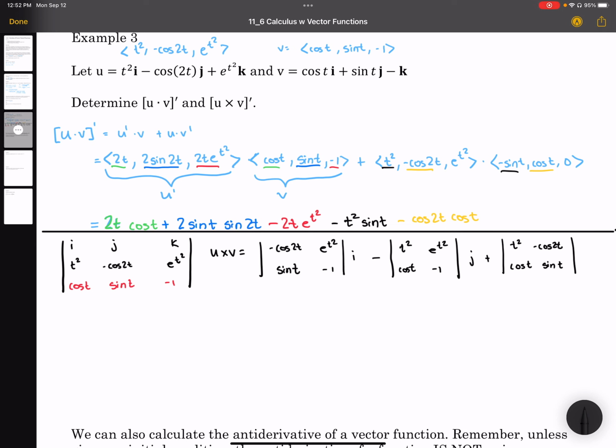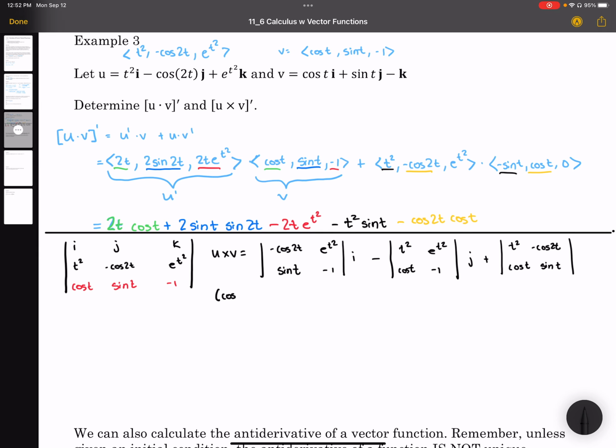So if we multiply this out, we're going to get cosine 2t minus e to the t squared sine t, i, minus negative t squared minus e to the t squared cosine t, j, and plus t squared sine t plus cosine t cosine 2t, k.